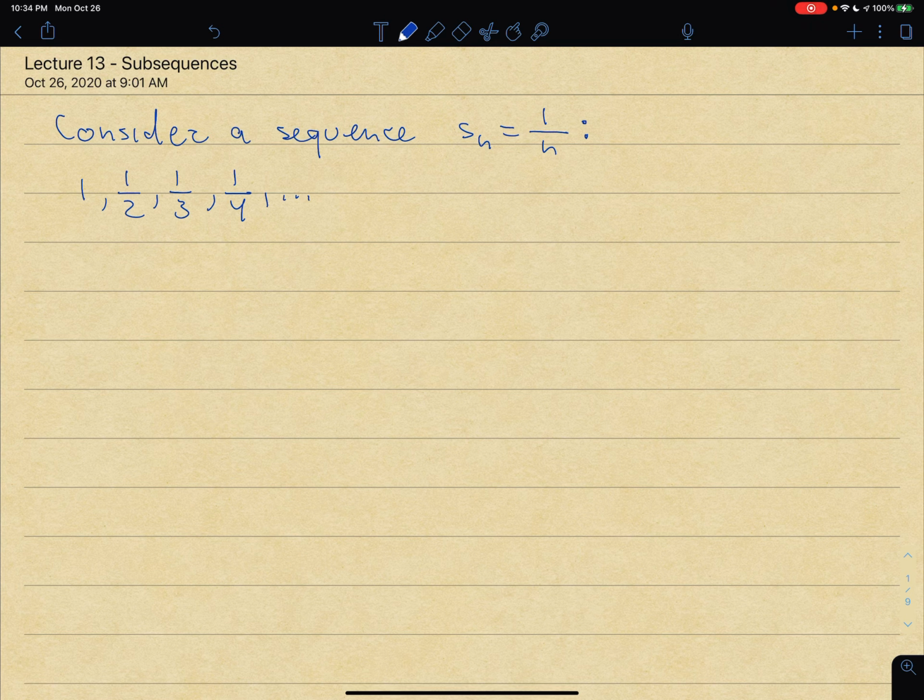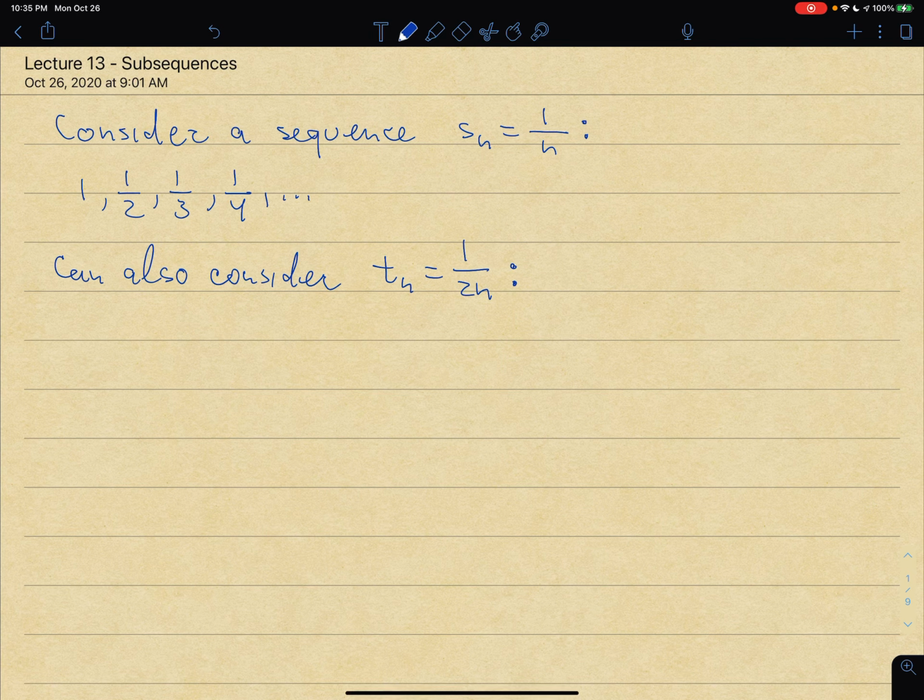We can also consider the following sequence. Let's call this sequence Tn. Tn is going to be 1 over 2n.